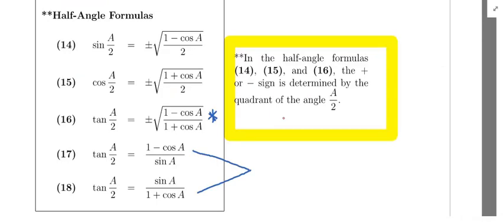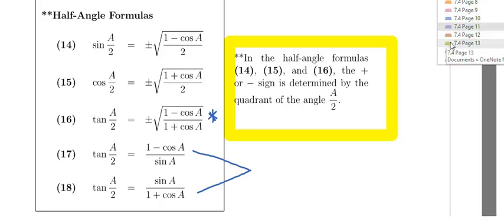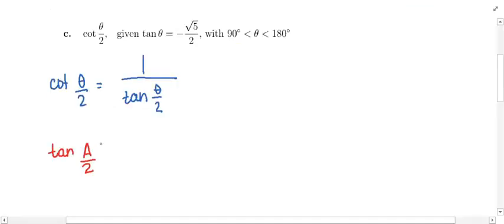It doesn't matter, I'll just pick one. I'm going to go with 18. I don't think we've used that one yet. So this is equal to sine of A over 1 plus the cosine of A. Going this route, you don't have to deal with the square root, which is nice. You also don't have to pick the quadrant. So it's a win-win.